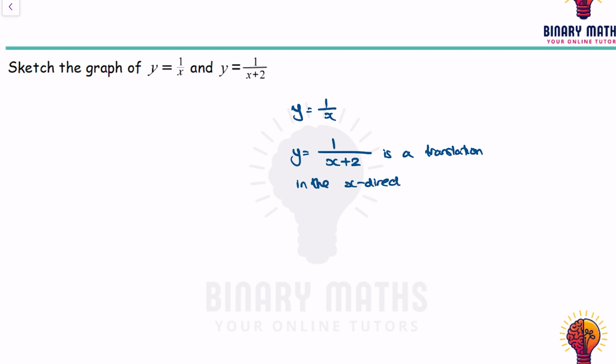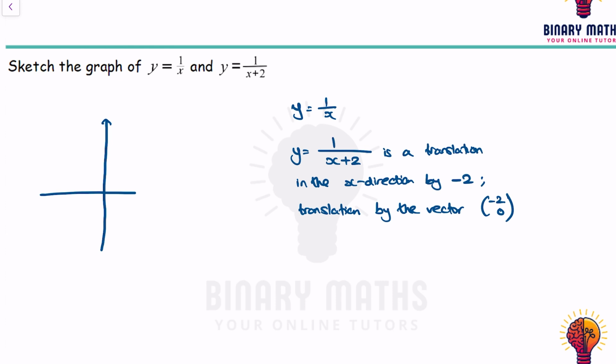And because it's a plus 2, obviously the x is being affected, which means we have to do the opposite. So translation in the x direction by negative 2. So in other words, translation by the vector minus 2, 0.